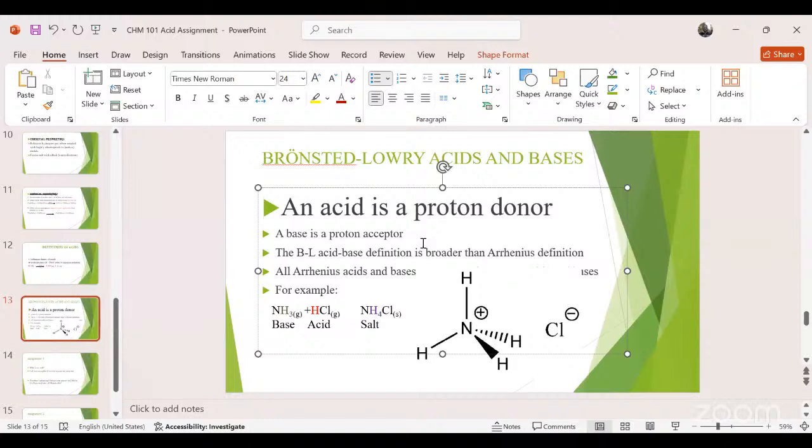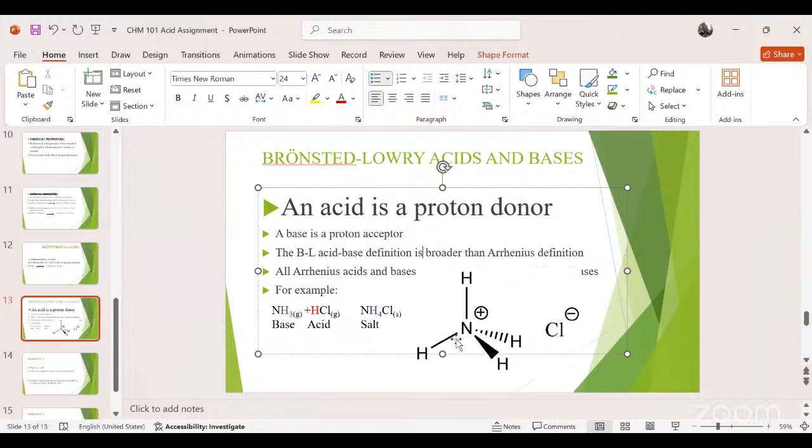Bronsted-Lowry calls it proton. But the concept of donation still remains the same. So an Arrhenius acid donates hydrogen ion when it dissolves in solution. A Bronsted-Lowry acid donates proton in solution. Is it clear now?